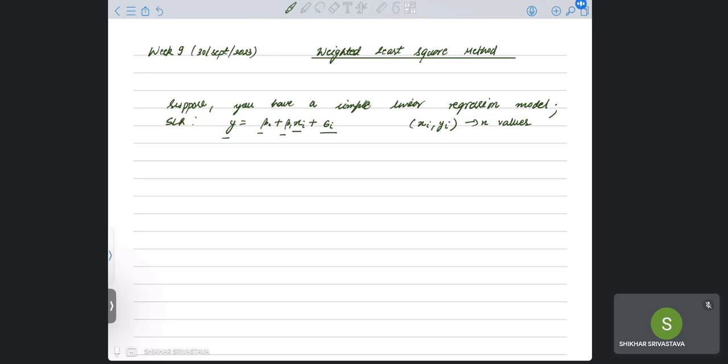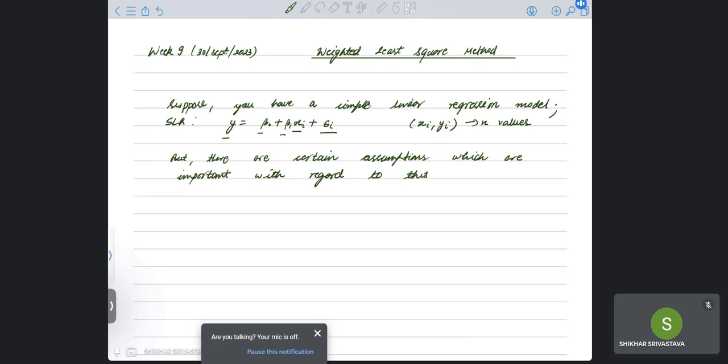But there are certain assumptions which are important for a linear regression model in general, whether it is a simple or multiple linear regression model.